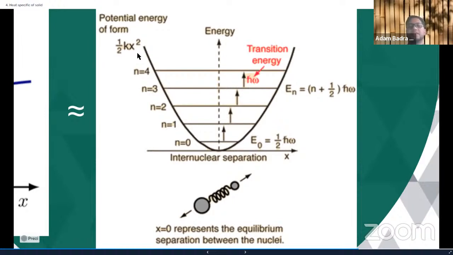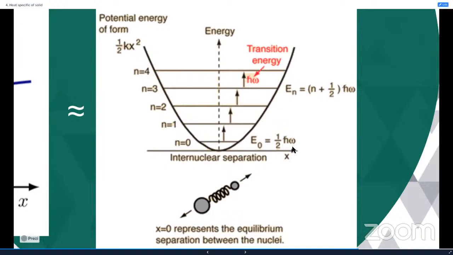The lowest energy is not zero, but half h bar omega, where omega is the characteristic angular frequency. Okay, do you remember it? Does anyone forget about this already? Okay, I forget a little bit actually.